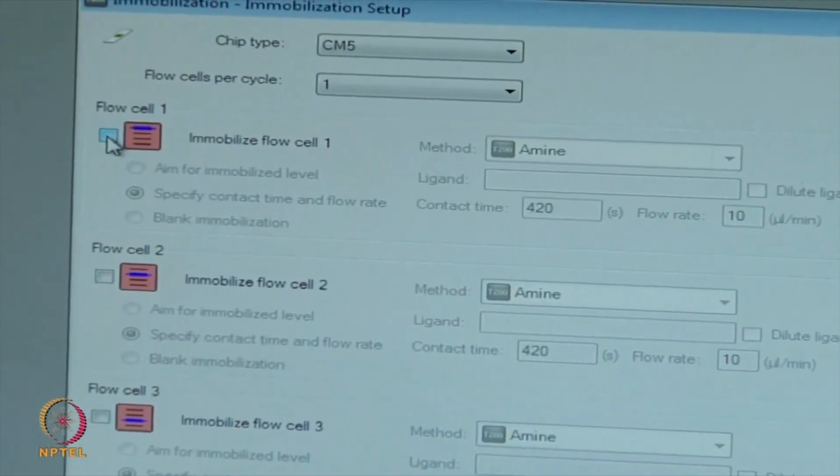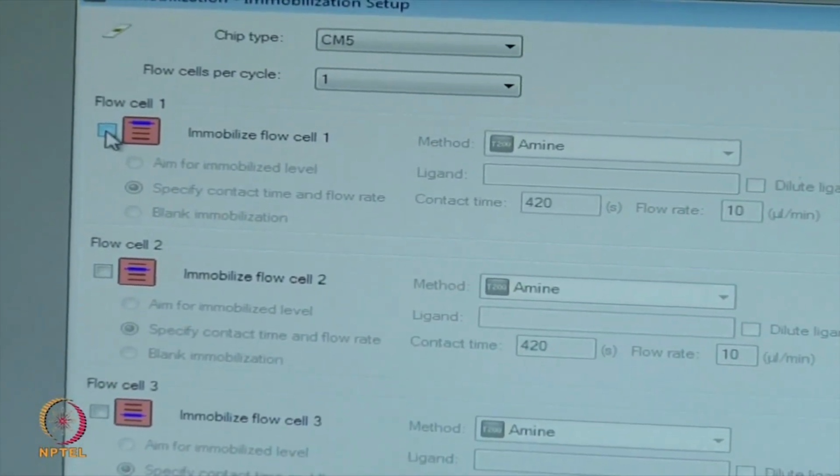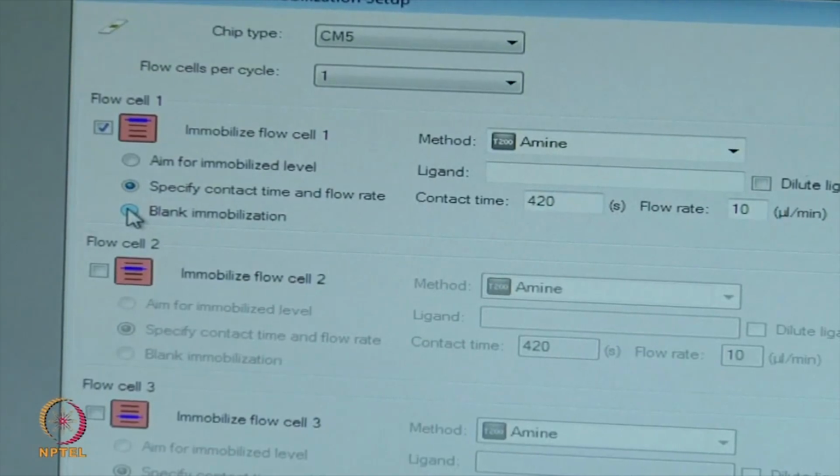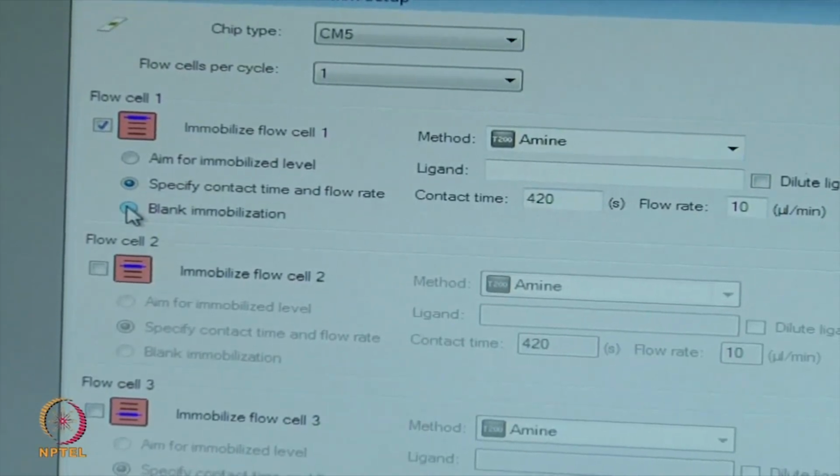So we will immobilize for binding, flow cell 1 and 2 for binding and 3 and 4 for kinetics.